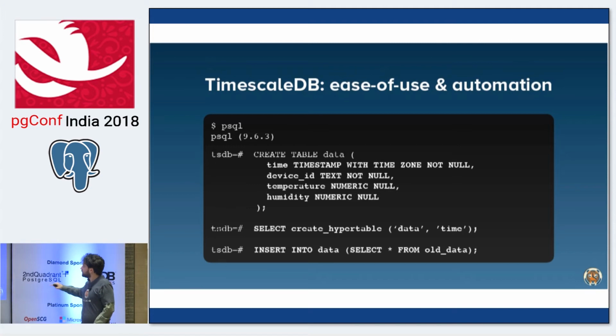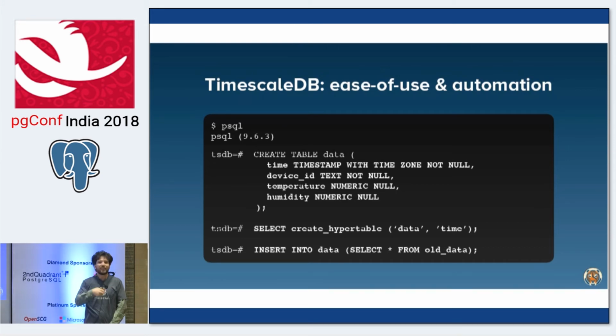As I mentioned, Timescale is very easy to use, and that's because you create a table using regular Postgres. You run the one function to convert the Postgres table to a hypertable, and now you do inserts and selects and all of your other operations as you would on a regular table.